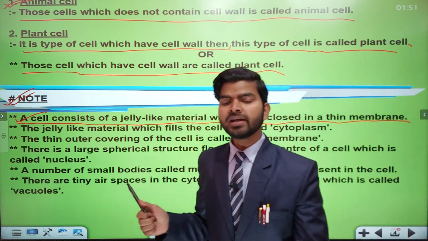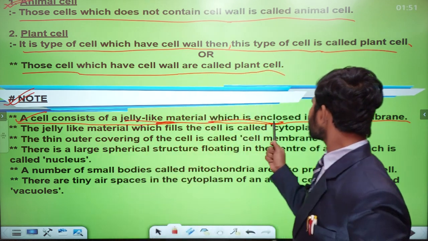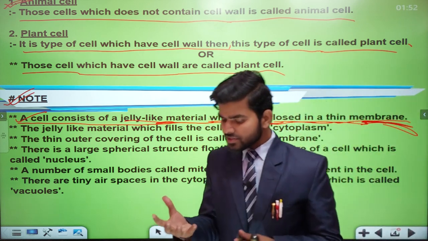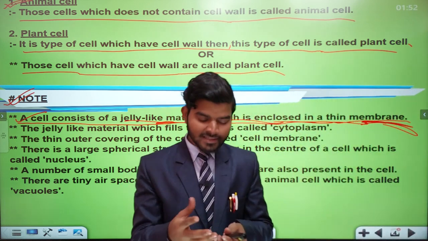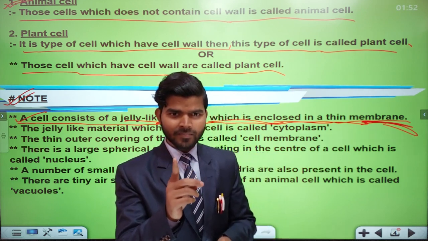I'm explaining about the cell. The cell consists of a jelly-like material which is enclosed in a thin membrane. The cell is not open, but just like a jelly, just like a gum.